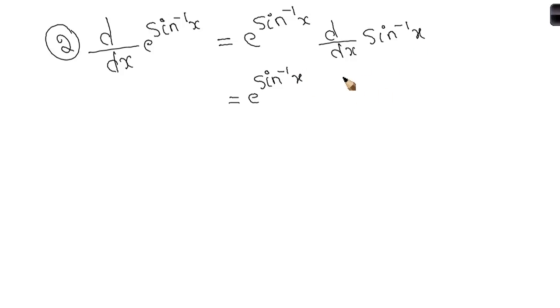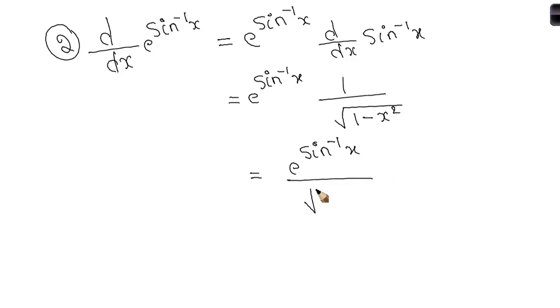What is the derivative of sin inverse of x? 1 by root of 1 minus x square. So the answer would be e power sin inverse of x upon root of 1 minus x square. This would be the derivative of e power sin inverse of x.